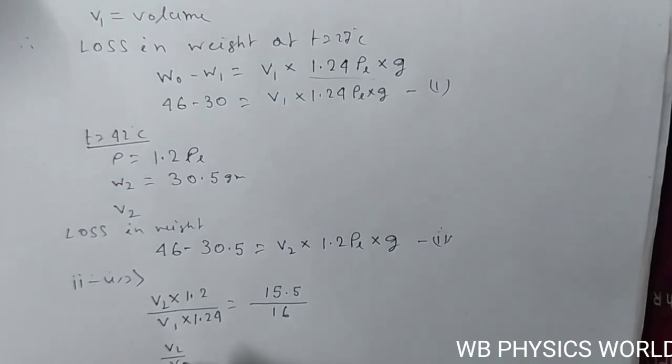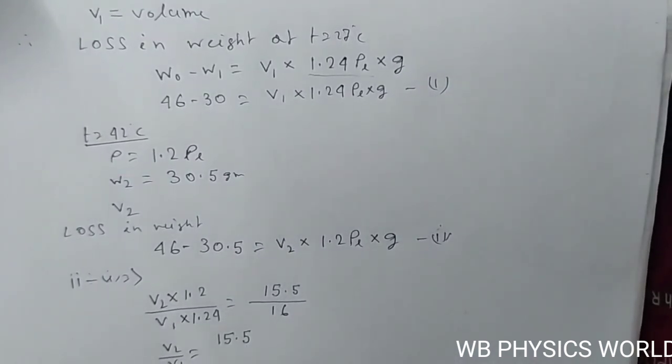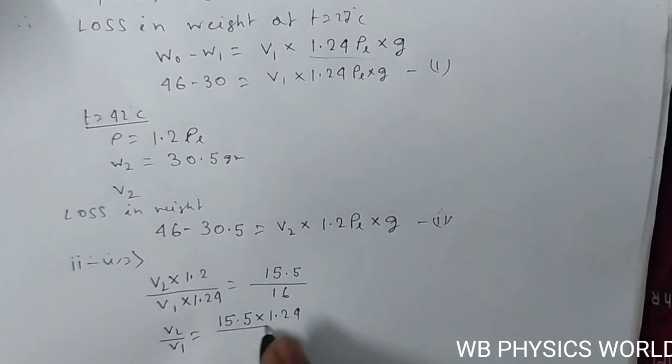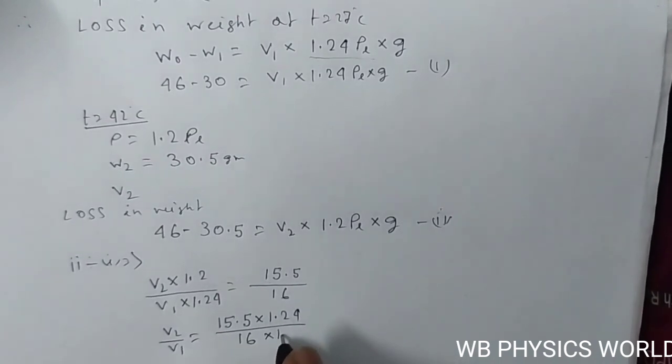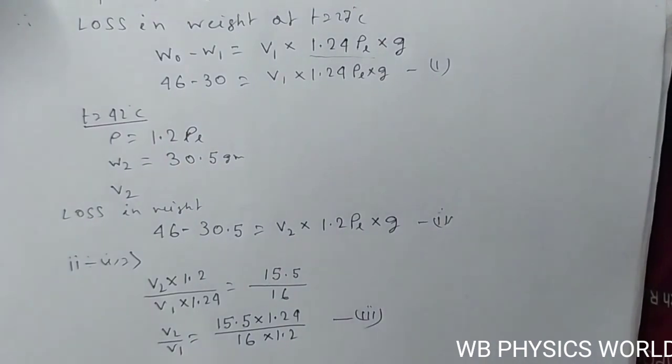So V2 by V1 equals 15.5 into 1.24 by 16 into 1.2. So this is equation 3.